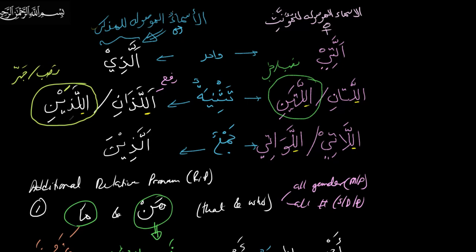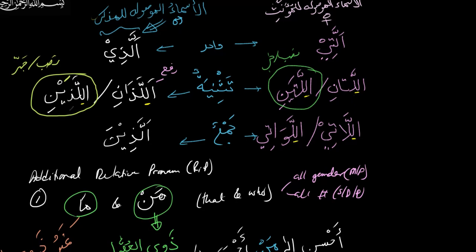And I talked about asma mawsula for muzakkar and asma mawsula for muannas: الذي اللذان اللذين الذين التي اللتان اللتين اللاتي اللواتي. You have to memorize these.